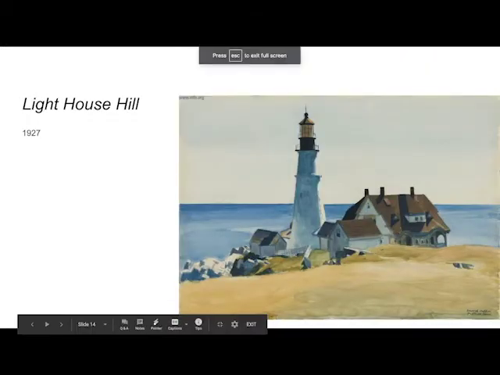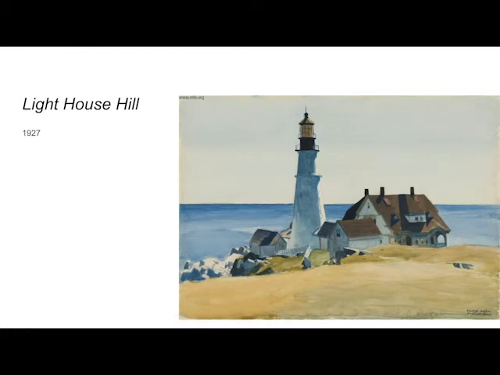Okay, one more. So imagine again that you are standing in this painting. What do you see? What do you think you would hear? Would it be the ocean? Would you hear the waves gently crashing against the shore? Maybe you'd hear some seagulls, although I don't see any seagulls.